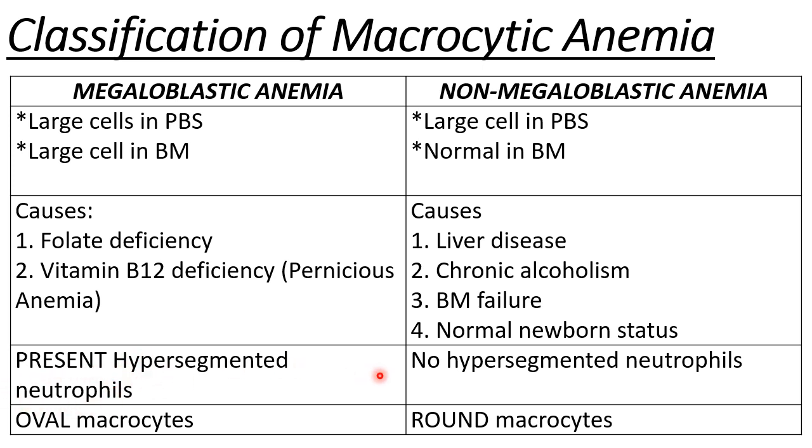Okay? Walang abnormal maturation dito, kaya wala ka rin ma-appreciate na hypersegmented neutrophils. Okay? Sa shape naman ng mga macrocytes, sa megaloblastic anemia mo lang ma-appreciate ang oval macrocytes. Non-megaloblastic naman, round macrocytes. Okay?